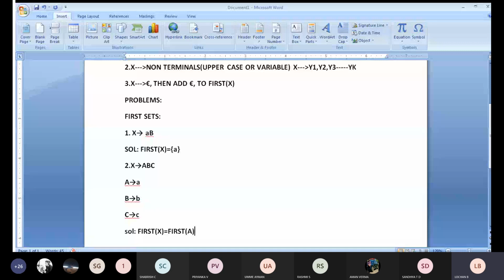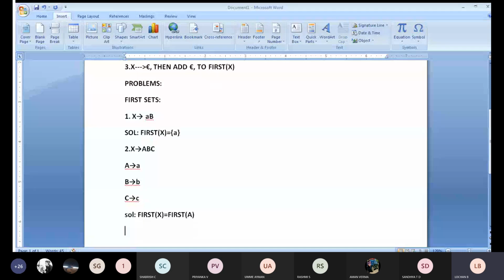Small a is your terminal part, so I am going to write small a. If you see the A production, we have not continued to capital B. If capital B had been there, we would have had to expand B. We stop here, because first of A gave only the terminal part. I write only small a and stop the solution.